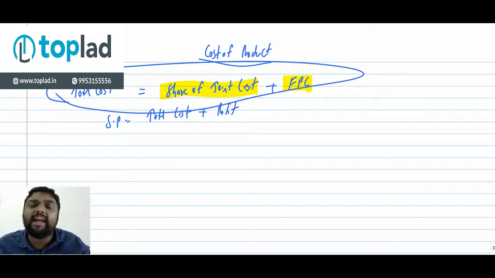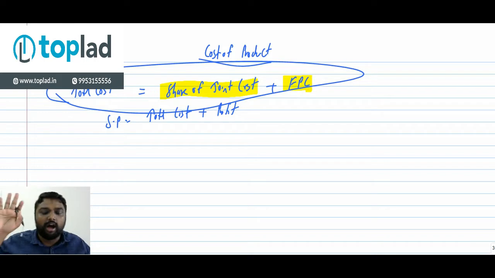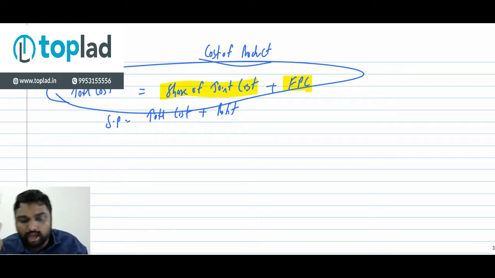So any expense after the product gets its individual identity is called further process cost. Simply, cost after split off. Are you clear? Then we told that selling price will be nothing but the total cost plus profit.